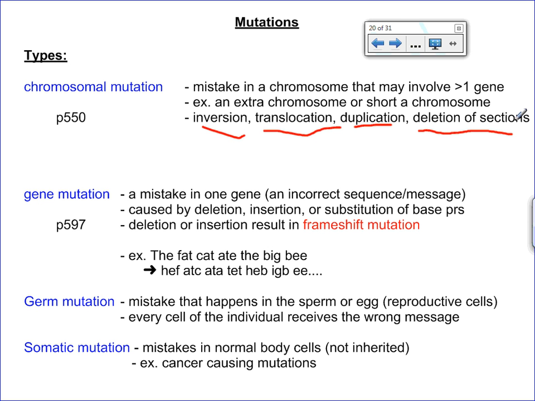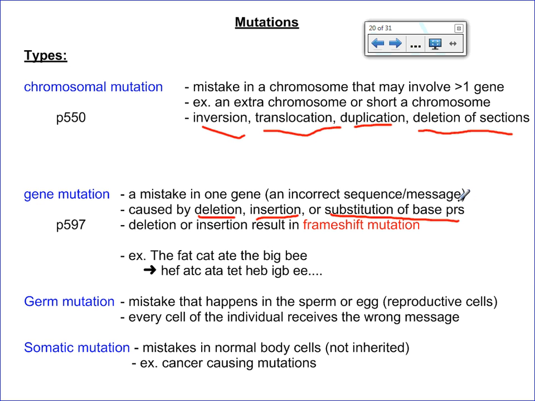It is like a gene or more than one gene. A gene mutation is a mistake in that single gene, so an incorrect sequence or message. So it could be a deletion, an insertion, or a substitution of a base pair. So chromosomal involves more than one gene, like a section of a chromosome, whereas a gene mutation is within a gene itself.